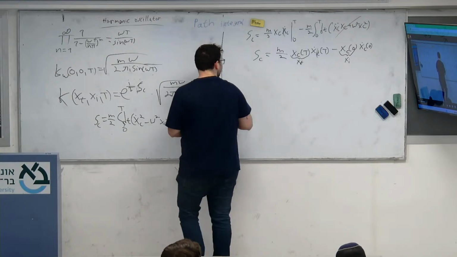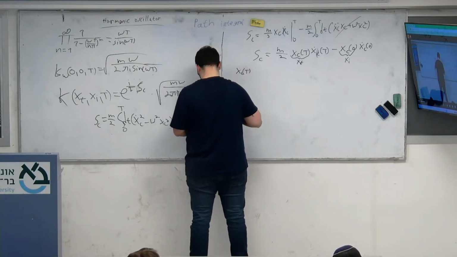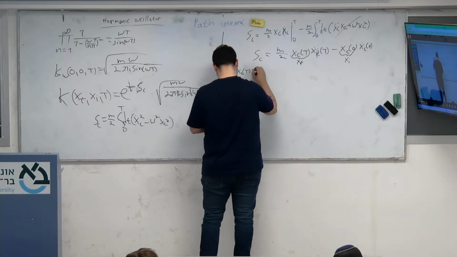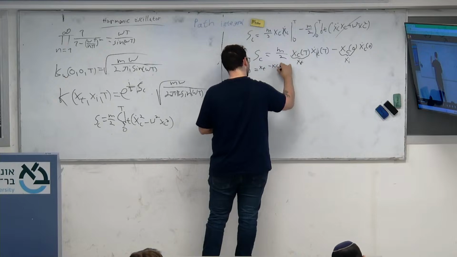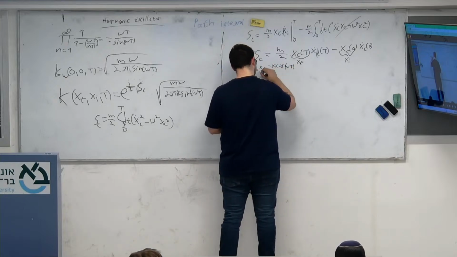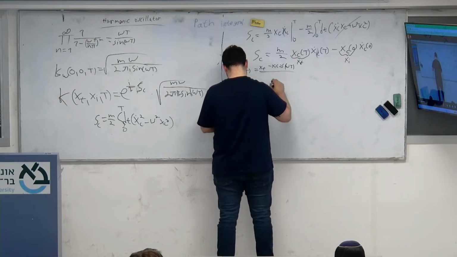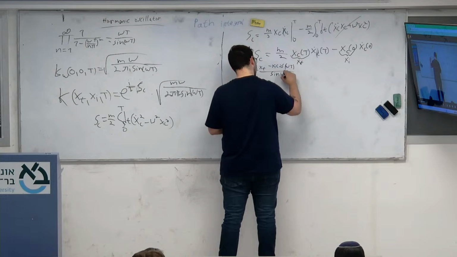And xc dot t would be equal to xf minus xi cosine omega capital T divided by sine omega capital T.